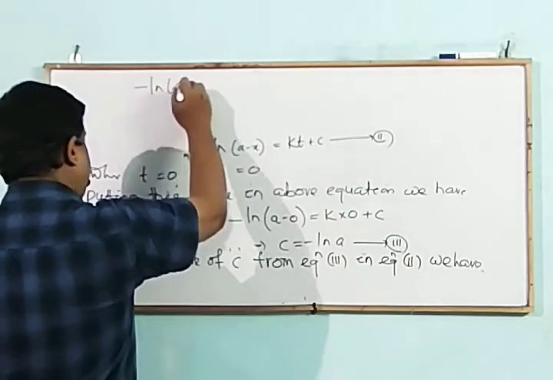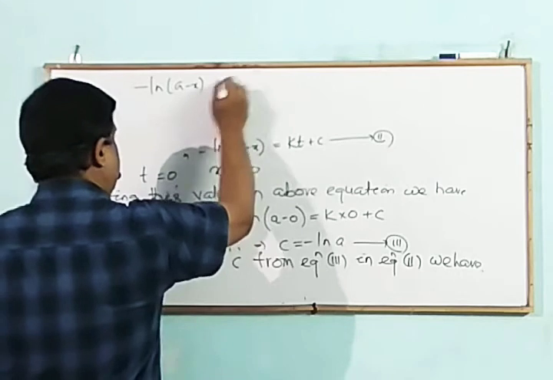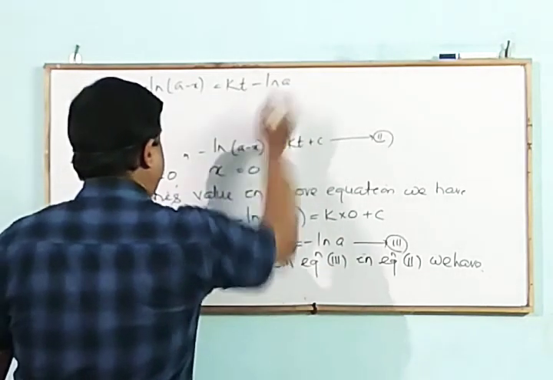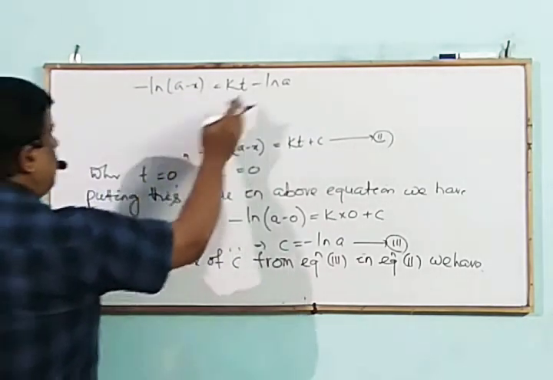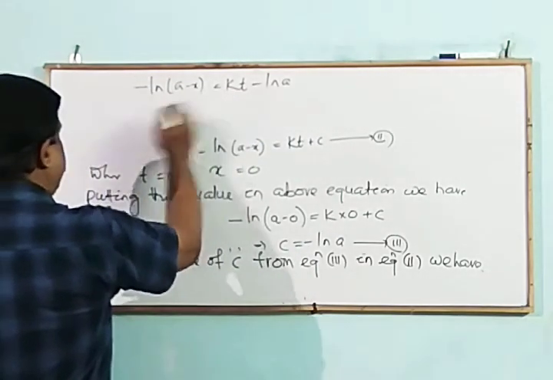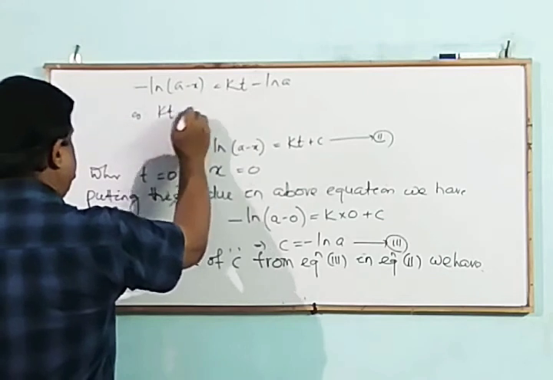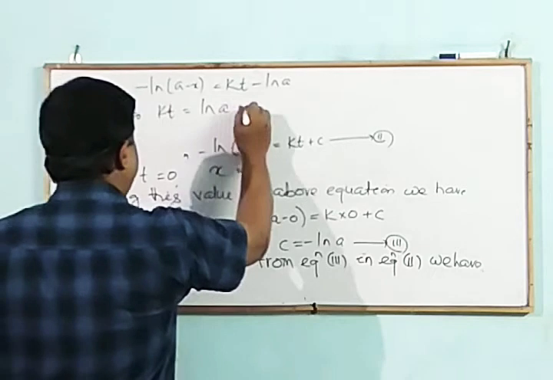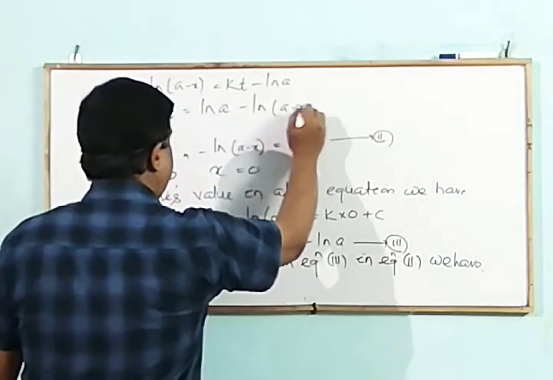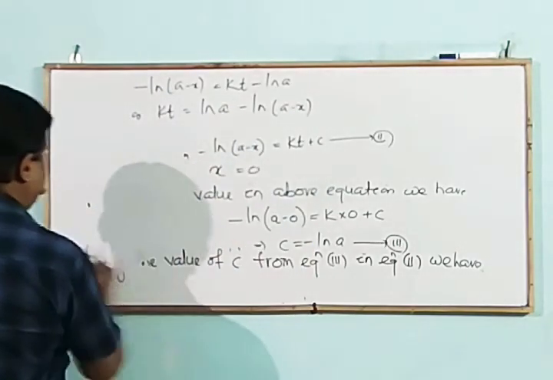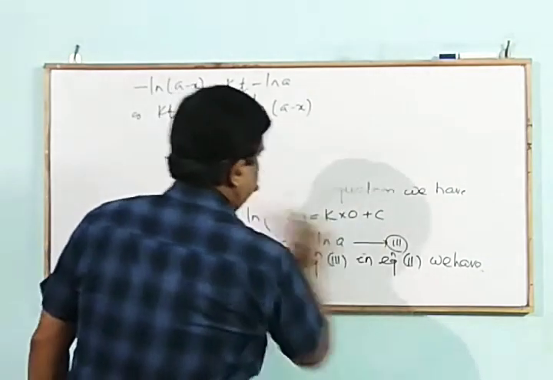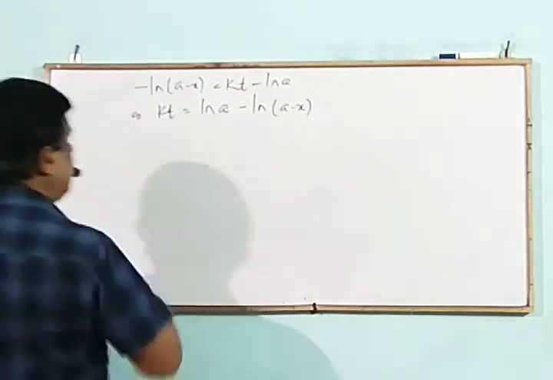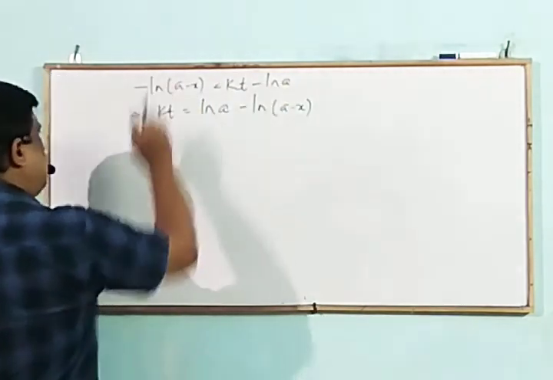Minus ln a minus x is equal to kt minus ln a, or this one transferred to this side, kt is equal to ln a minus ln a minus x. Mark that.